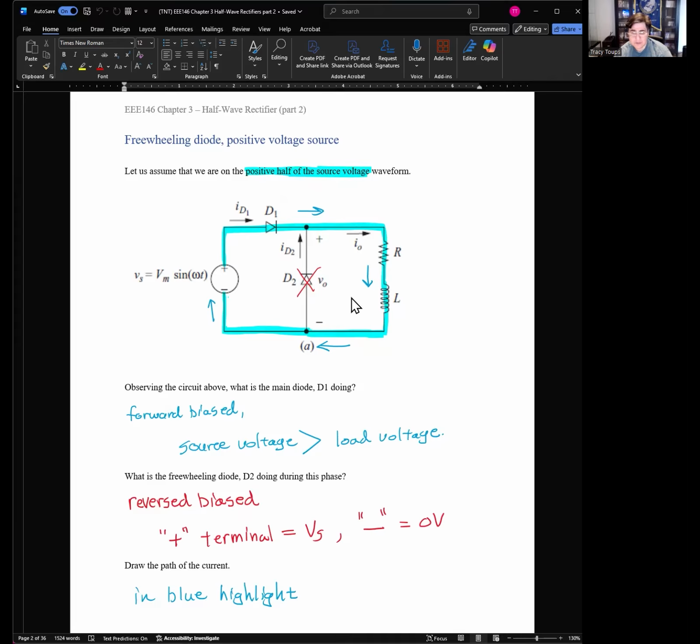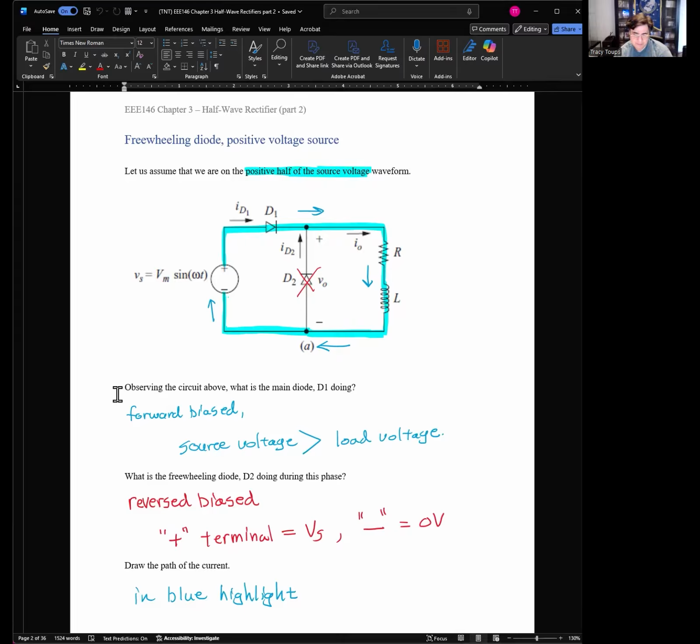What ends up happening here is this top voltage is high and this bottom voltage is low. So for D2, current is going to want to go down the page, because if we have 10 volts here and 0 volts here, current flows down. But we're flowing against the diode, so it's going to be reverse biased.